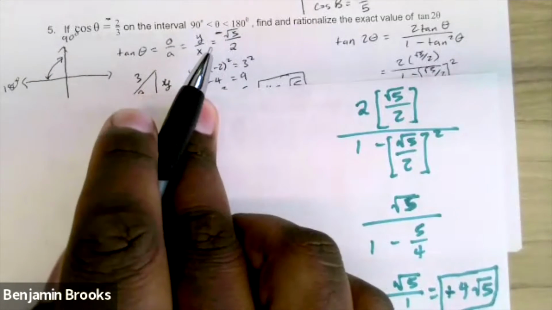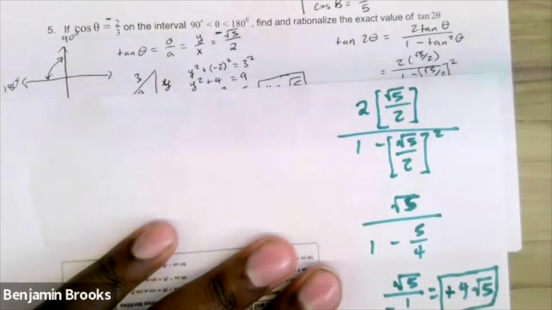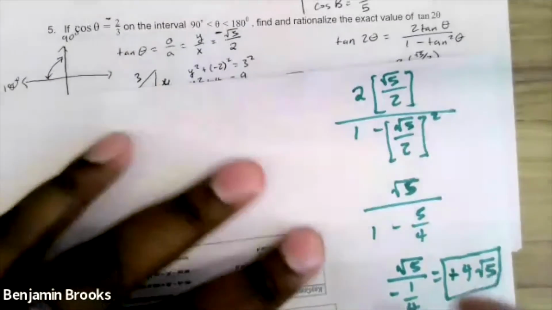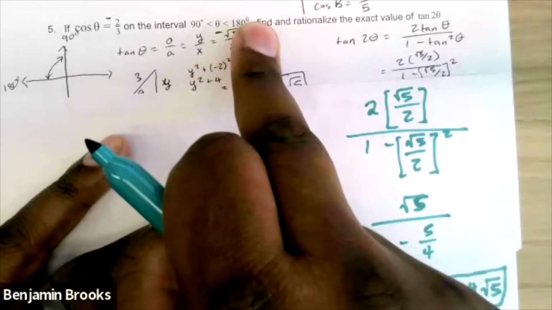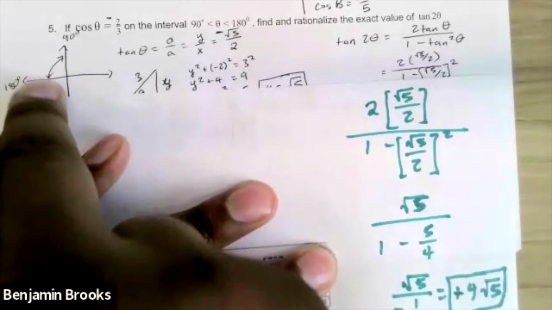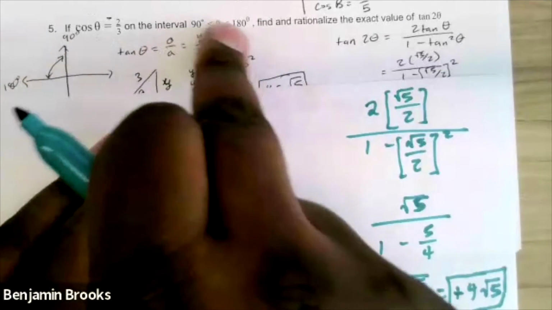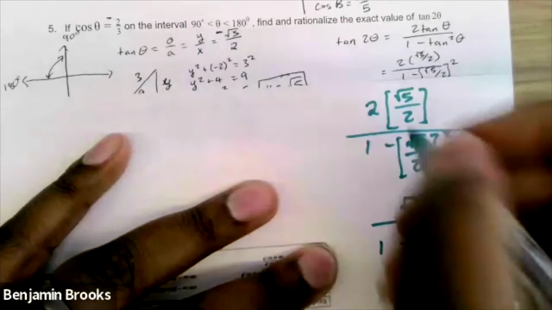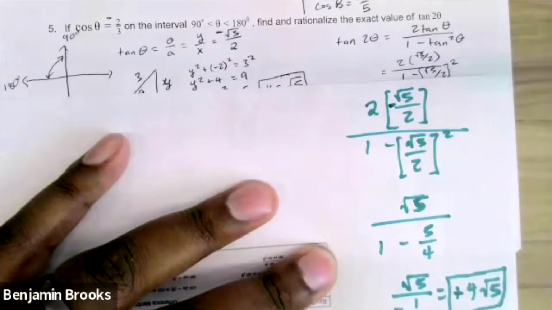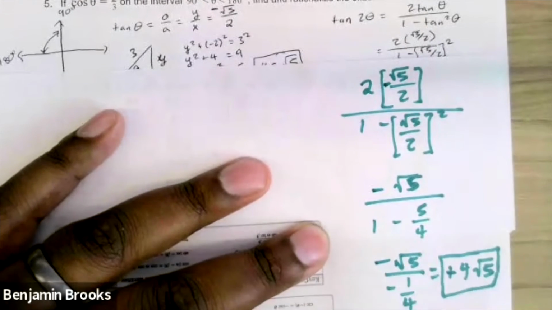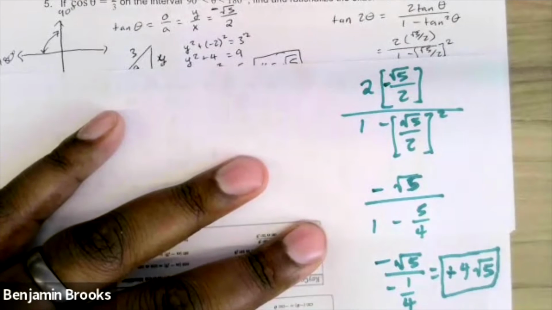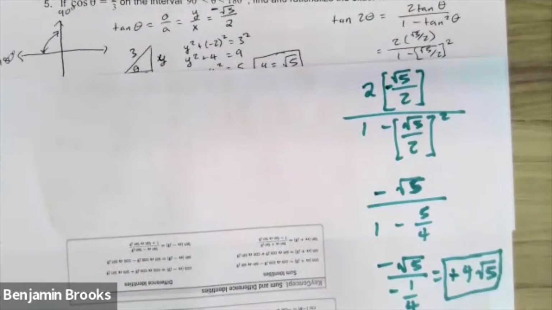So tangent should be negative because we're between 90 and 180. Remember, because x is negative, y is positive. You put those together, it should be a negative. The only thing that changes is that makes this negative, which makes this negative, which makes this negative, which makes this positive.